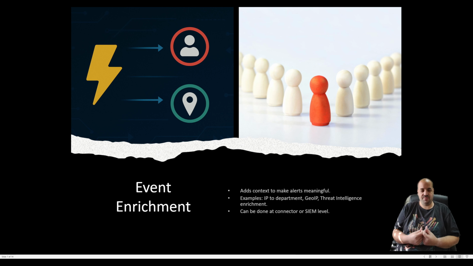Like if you see an IP address, you don't know where the person that made it sits. Or maybe it's a server, maybe it's a computer, a workstation, a kiosk. It can be a lot of other stuff. So it gives us better understanding, and also lessens the false positives.